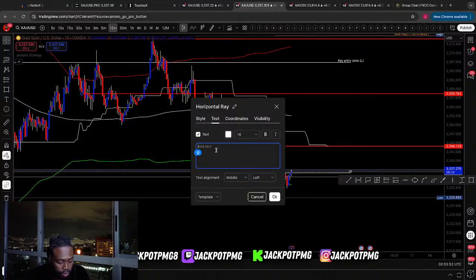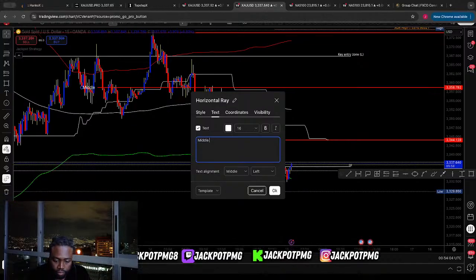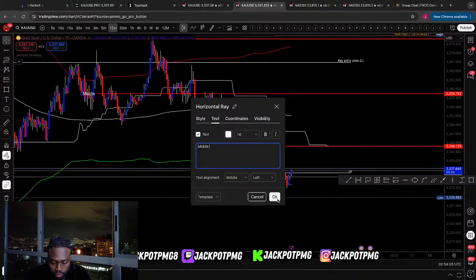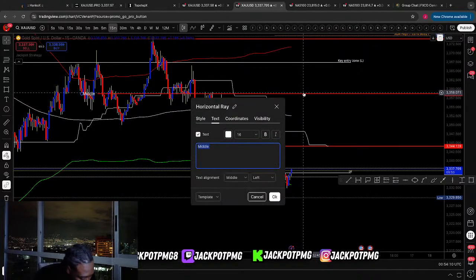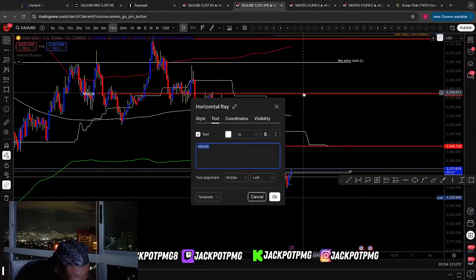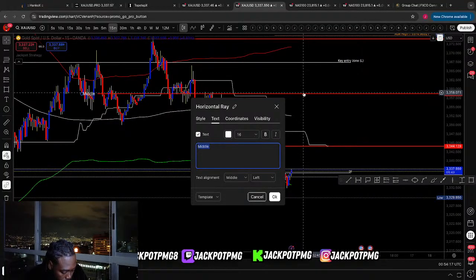All right, text here, we're gonna put middle. And the price for that one is $3366.74.